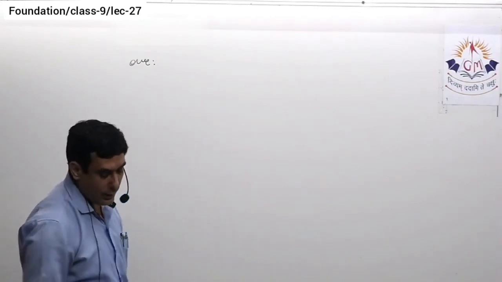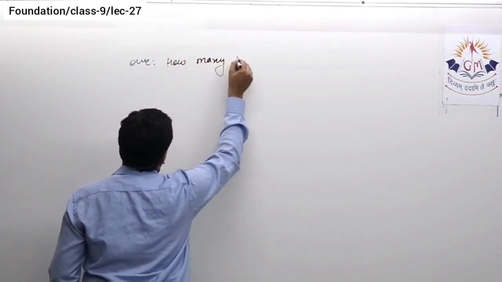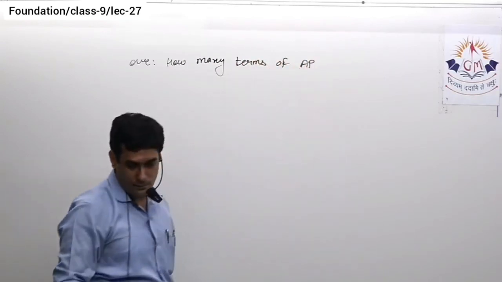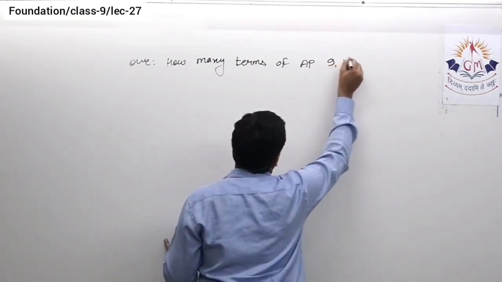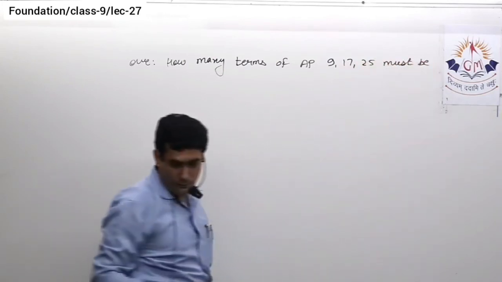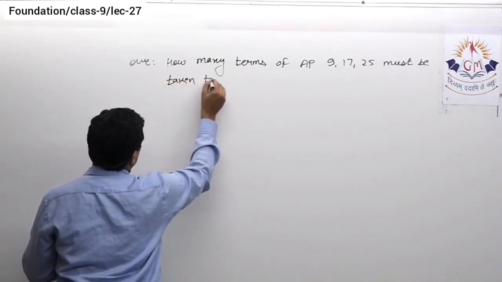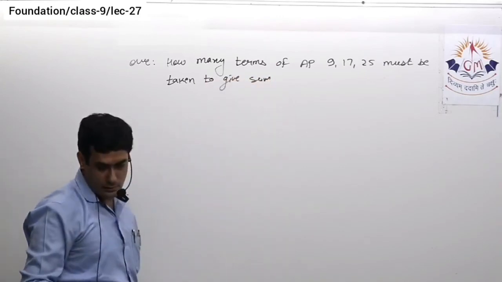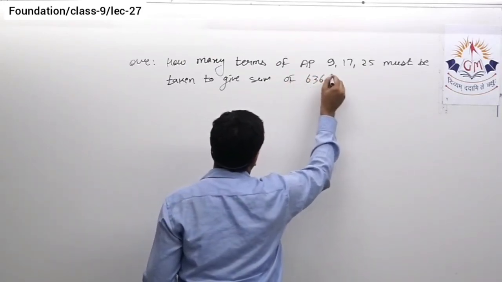So here next question is, how many terms of AP 9, 17, 25 must be taken to give sum of 636, sum of 636.